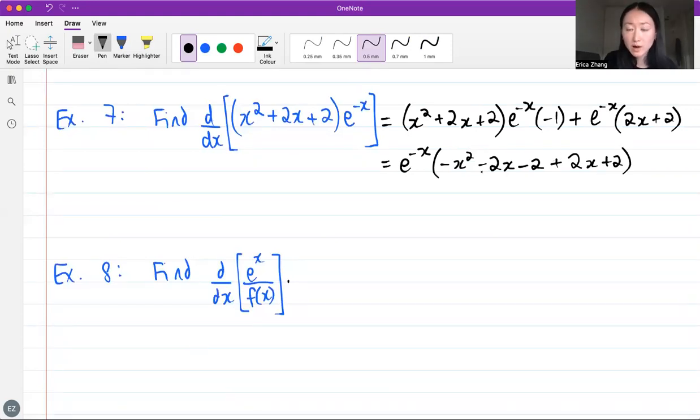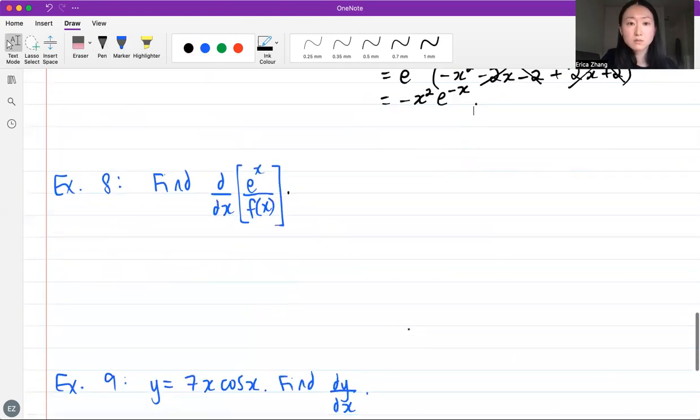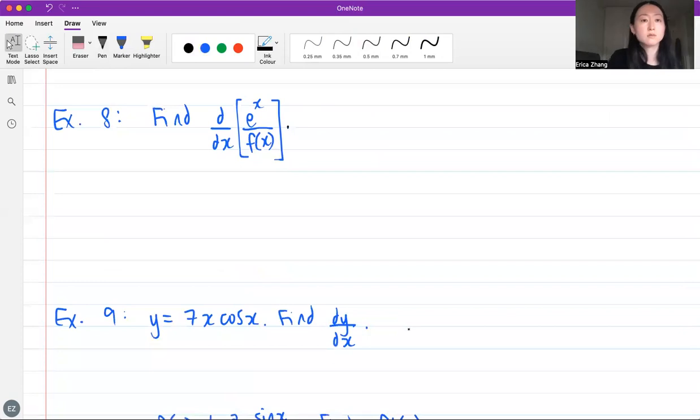So conveniently we have negative 2x plus 2x, which cancel, and also a negative 2 and a positive 2, which also cancel, leaving us with negative x squared times e to the negative x. So that's simplified very nicely. Next example.